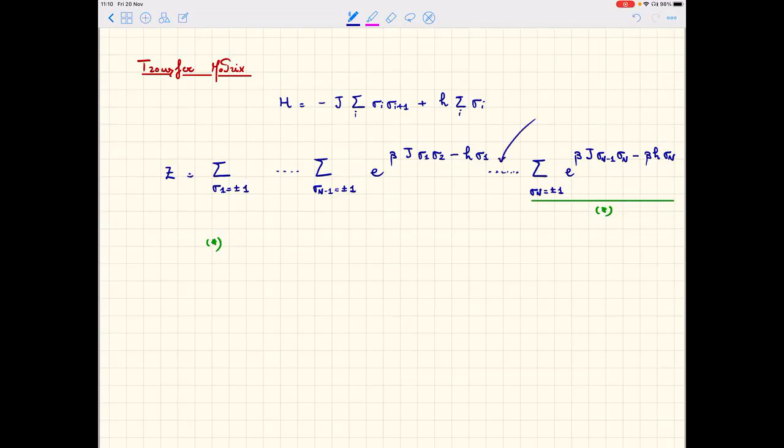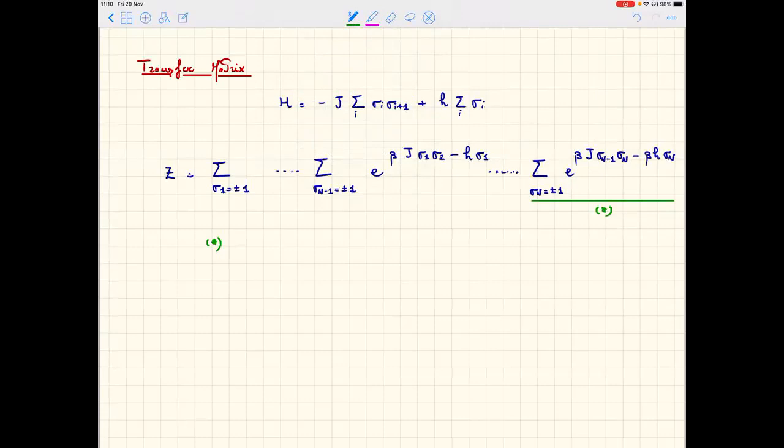You see, all these dots are all the exponentials. Oh, okay, I get it. Thank you. Of course, I'm not forgetting those terms, but I'm saying let's sum explicitly over the last one.